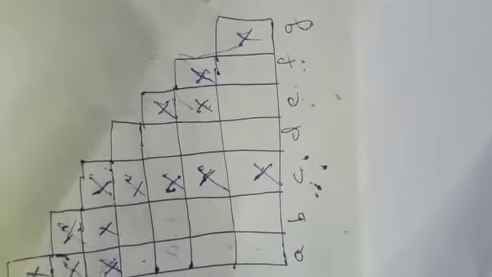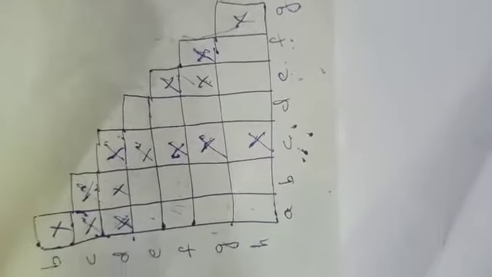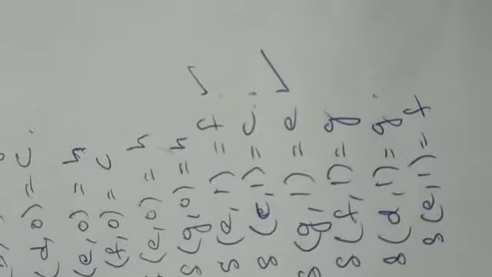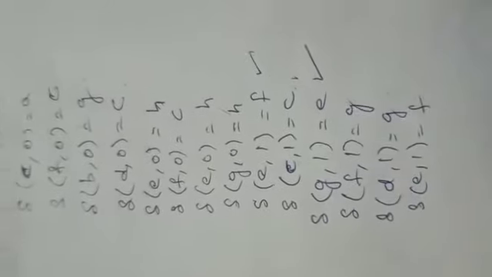So GF, you can put it here, right? We got an entry for GF. You can see here, we got an entry for GF. Then automatically we get an entry for DE also.